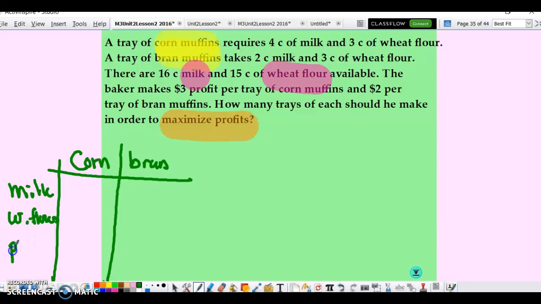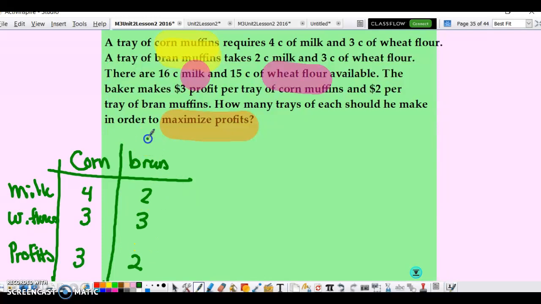We also have some numbers about their profits. Now I'll just use the information. Corn muffins take 4 cups of milk and 3 cups of wheat flour. Bran muffins take 2 cups of milk and 3 cups of wheat flour. Our profit for each corn muffin is $3, and the profit for each bran muffin is $2.